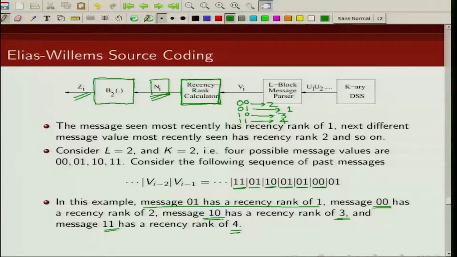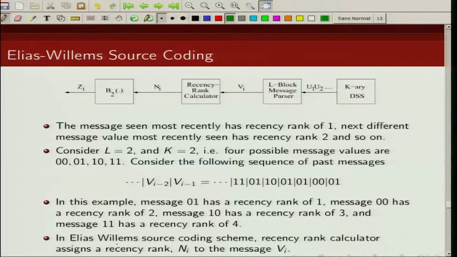So if we encode those positive numbers, because the sequences which happened in recent past will have smaller recency rank number, when we encode them using the Elias code, the expected code word length would be smaller. So in the Elias-Willems source coding scheme, this recency rank calculator assigns a recency rank to the message Vi, which is a block of L bits.